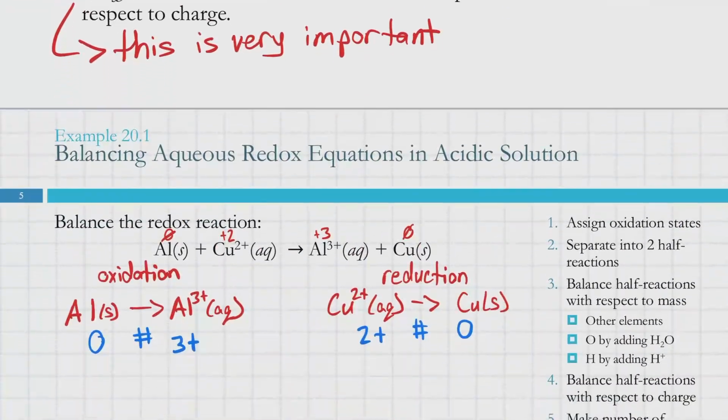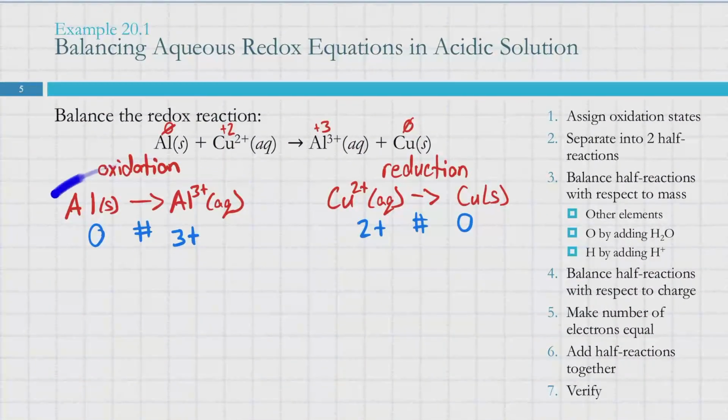So we're going to add electrons. Which side are we going to add electrons to for our aluminum half reaction? Are we going to add electrons to the left or to the right? I'll give you a moment to think about it. The correct answer is to the right.